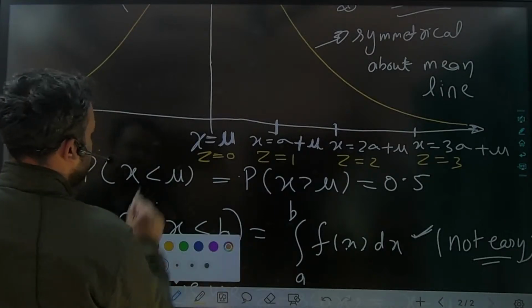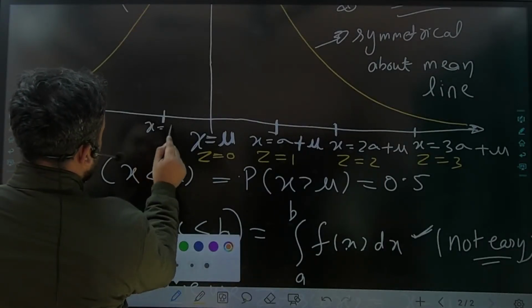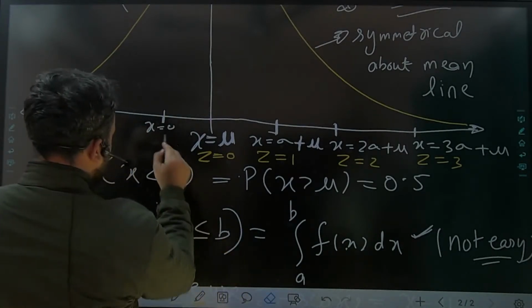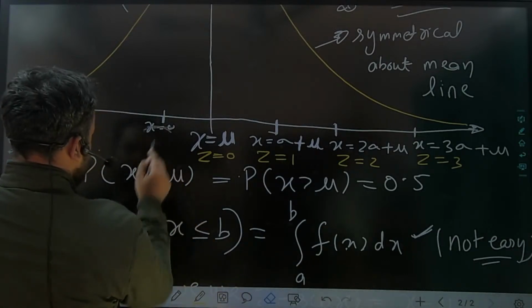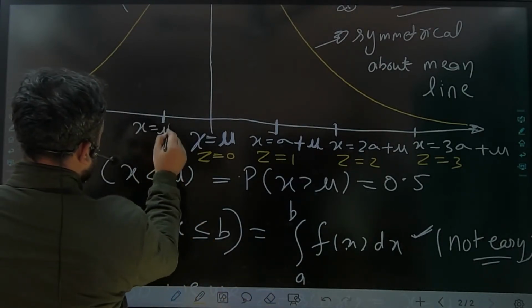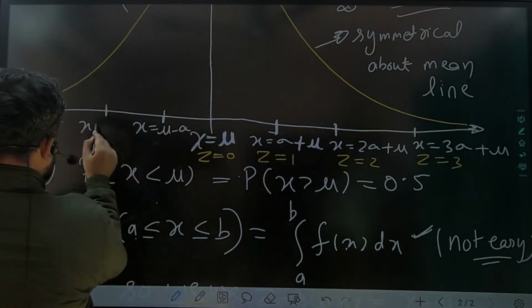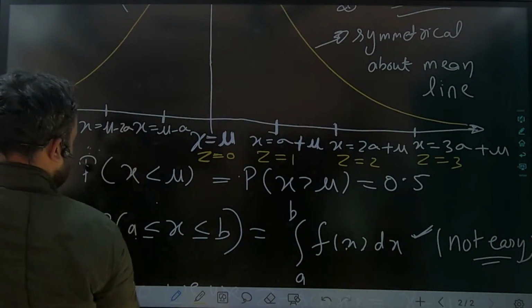Similarly, we'll have x is equal to this. You can write mu minus sigma this time. Mu minus sigma, and this is x is equal to mu minus 2 sigma, like this.